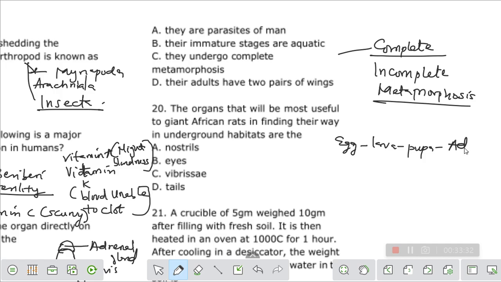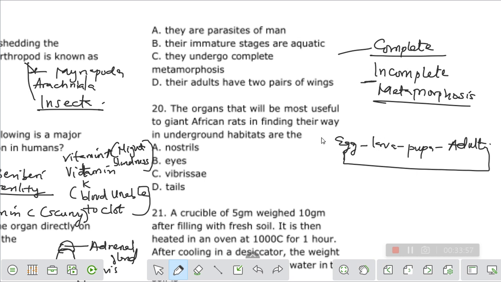Another difference between them is that in complete metamorphosis, the stages are entirely different, while in incomplete metamorphosis, they look alike. Instead of having larva and pupa, you have the nymph, then you have the adults.